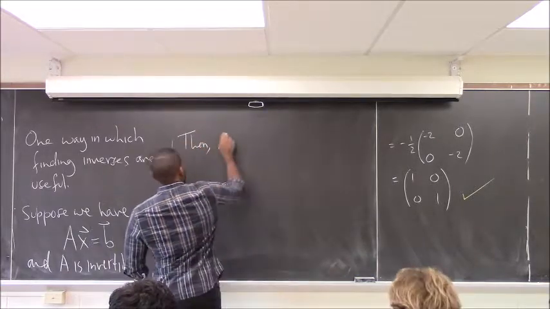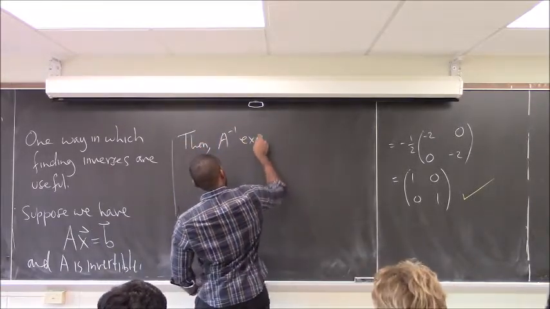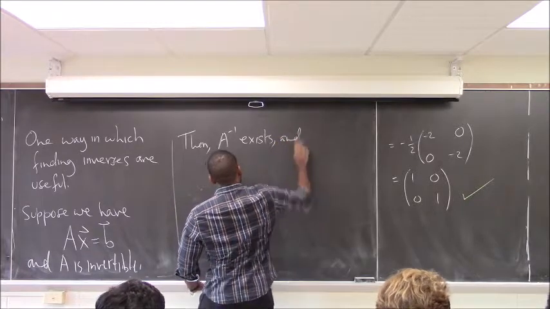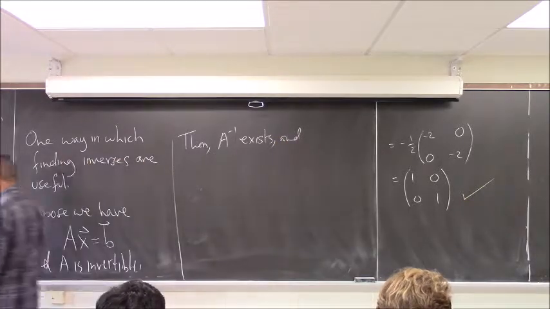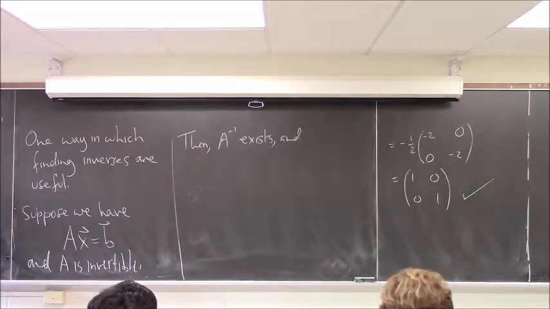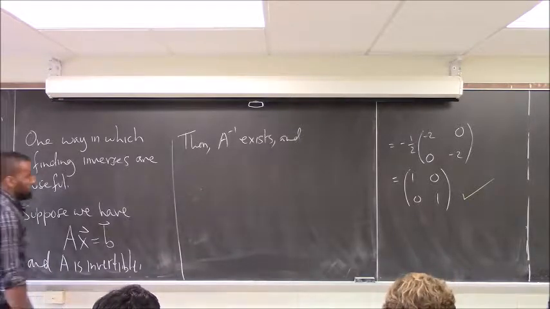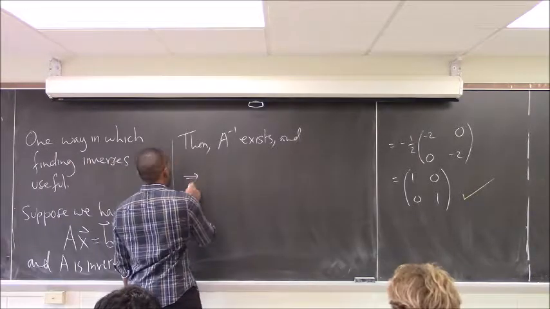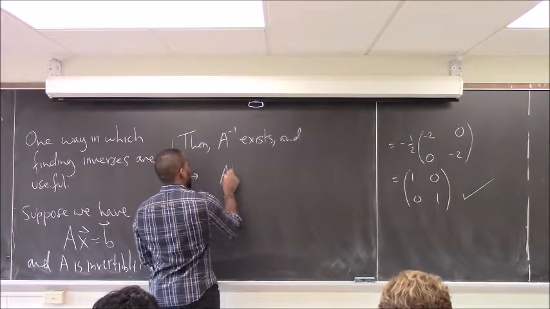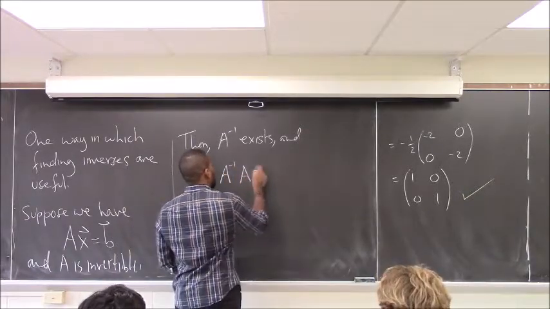Then A inverse exists, and we can start to multiply both sides by it. I can take A inverse and multiply both sides of my system.